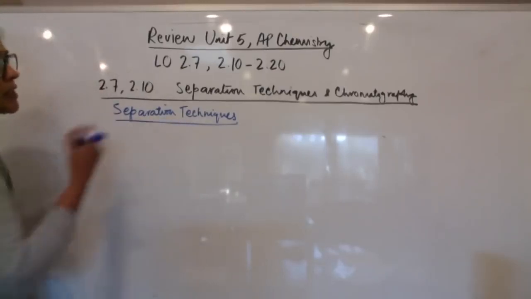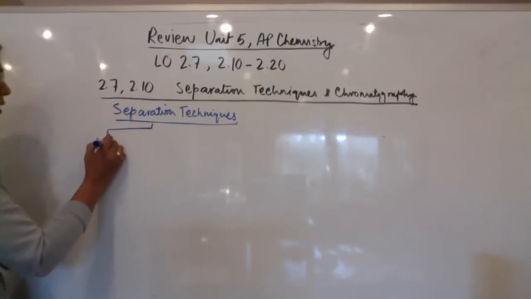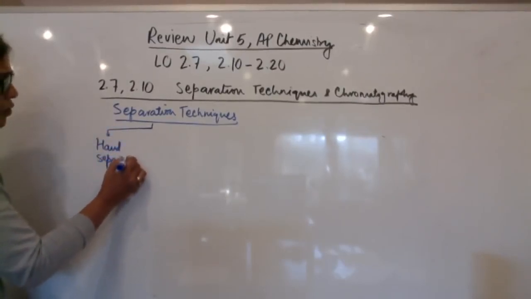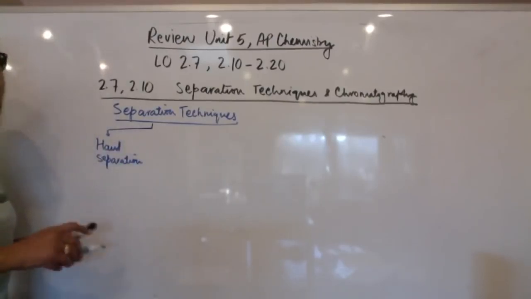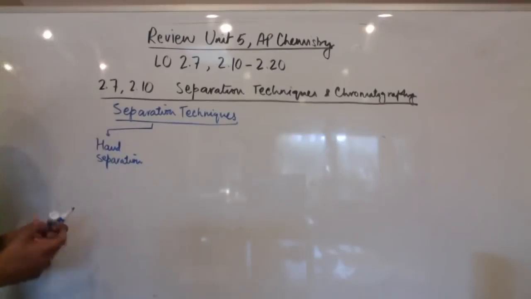So there are very many separation techniques that we talked about. The first one was hand separation, and all of you have used it to pick out your favorite or least favorite vegetables from pasta, or to pick out your favorite kind of Skittles or M&Ms.